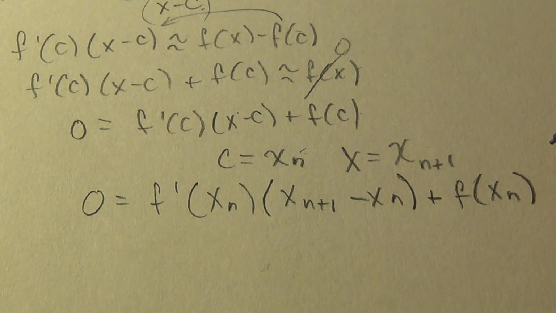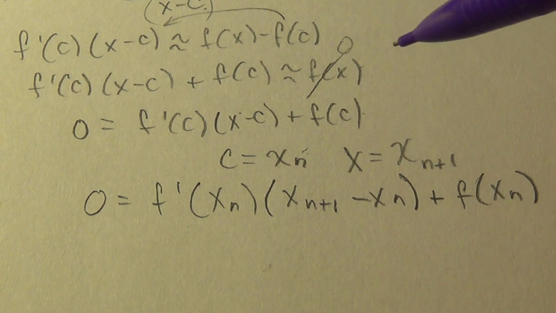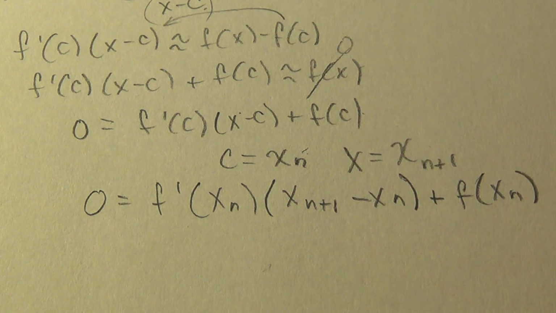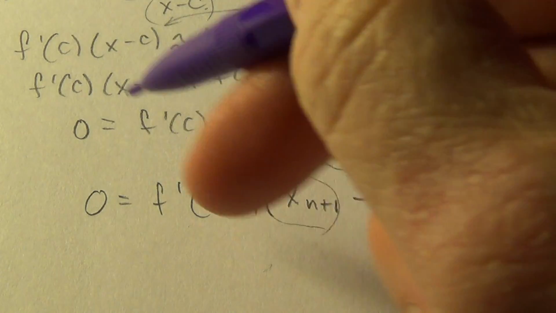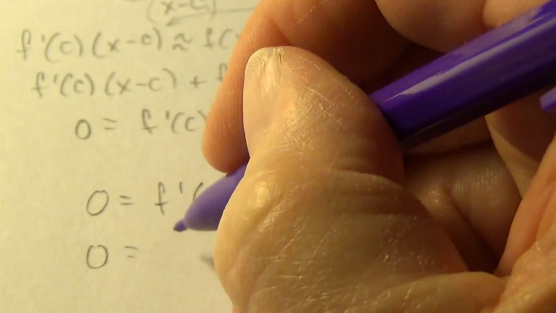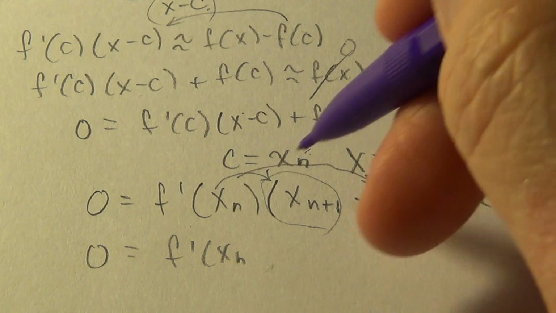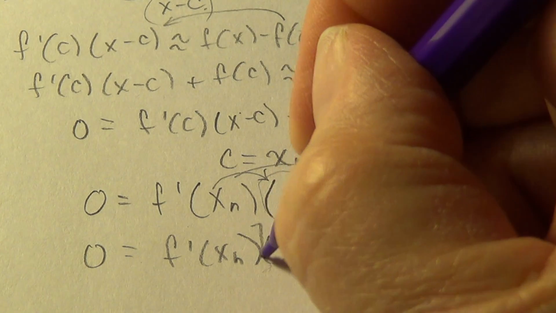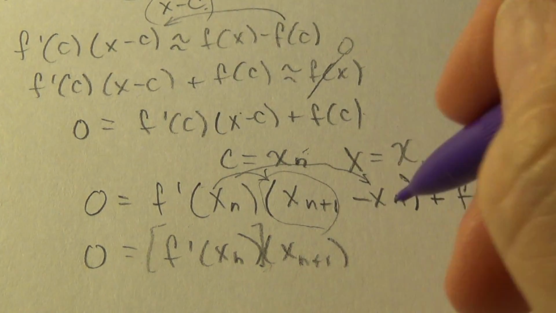And now, to finish, I want x sub n plus 1 by itself. So I'm trying to get this by itself. To do that, I'm going to distribute, get rid of the parentheses. So I have 0 equals f prime of x sub n times x, so this is one thing, x sub n plus 1, and then distribute here.